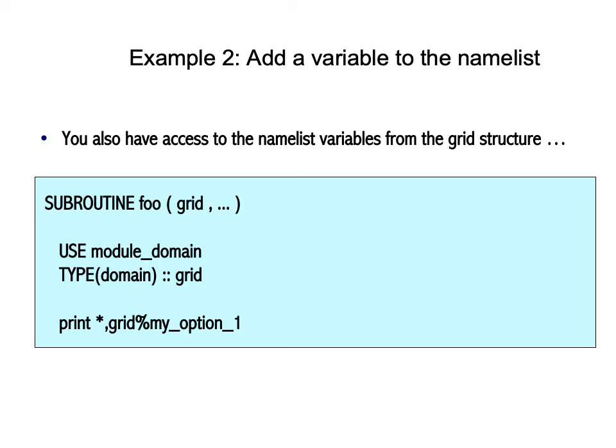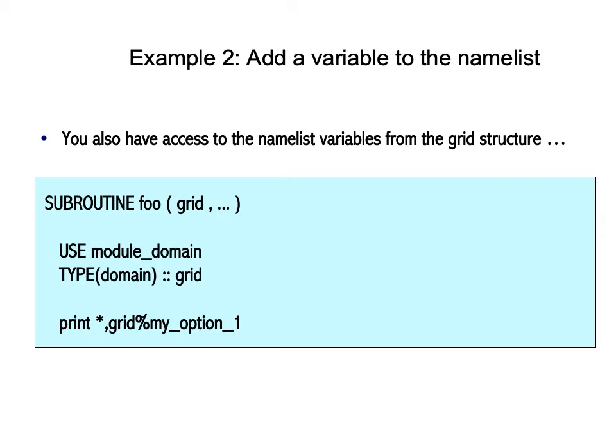Another way that you can access these namelist variables is through this grid structure. A number of the high-level routines up through the solver routine and then even into first RK step, where we do a lot of physics, you'll see the variable grid passed in. This is a derived data type.